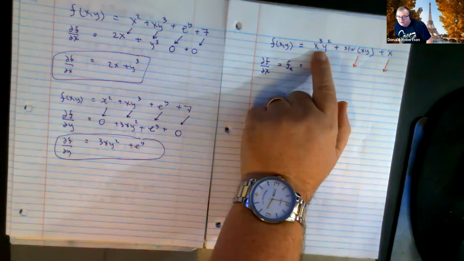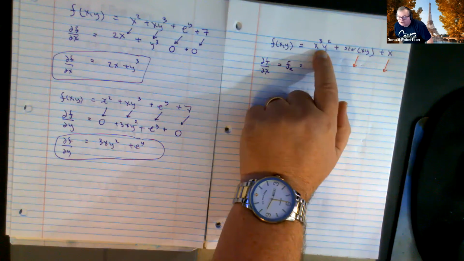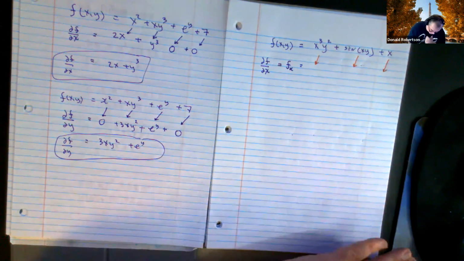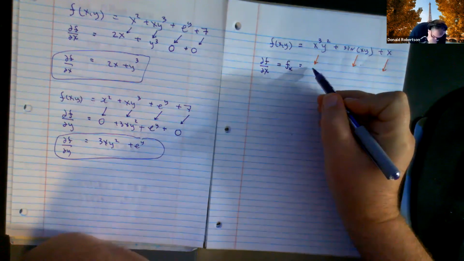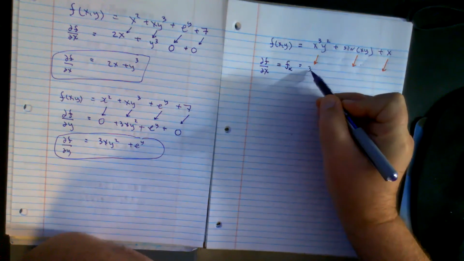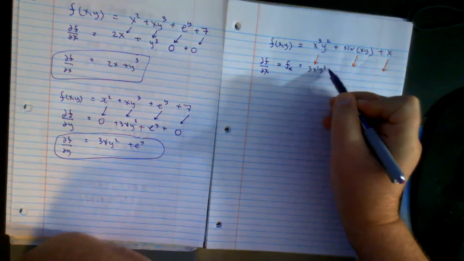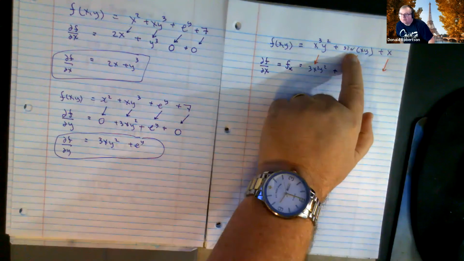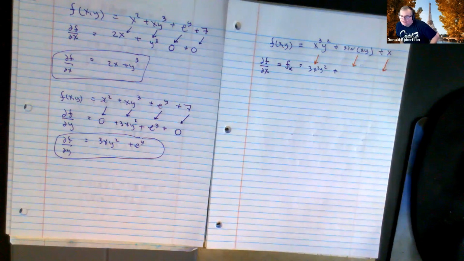What do you get if you differentiate x cubed y squared with respect to x and consider all other things as constants? x cubed y squared, what do you get? 3y squared x squared. Okay. Now I'm going to deliberately make a mistake here. I'm going to differentiate the sine of xy, and there's going to be something wrong.